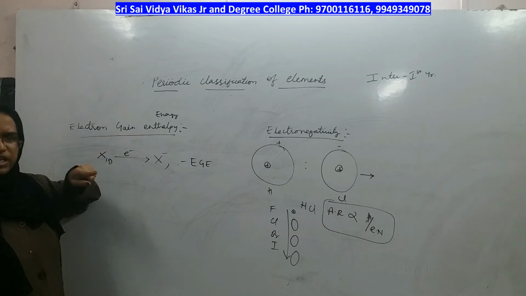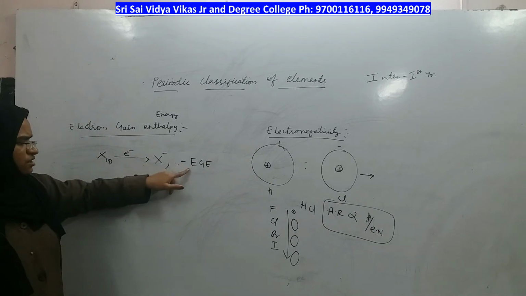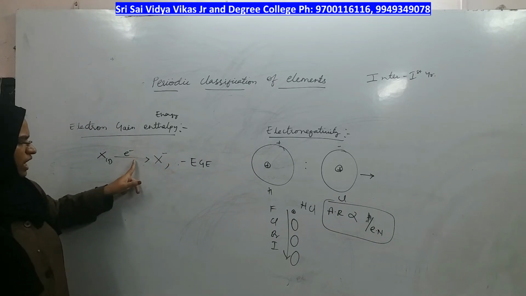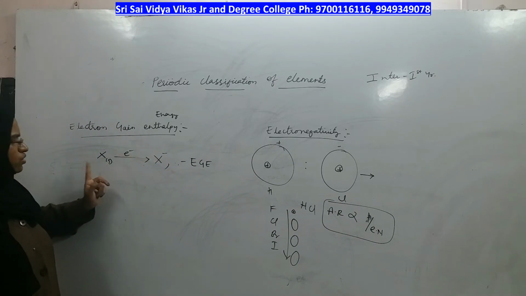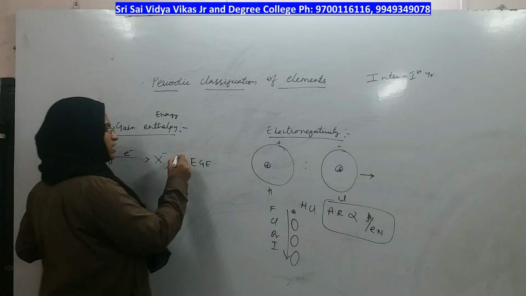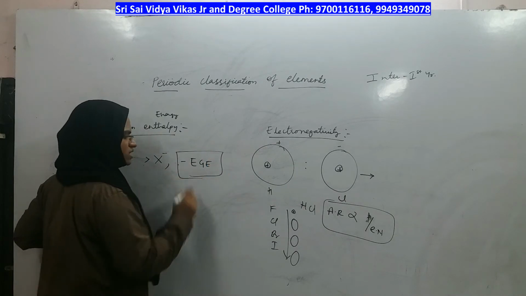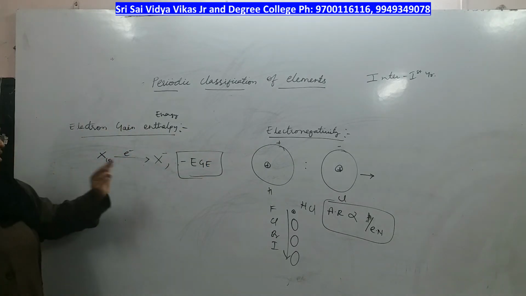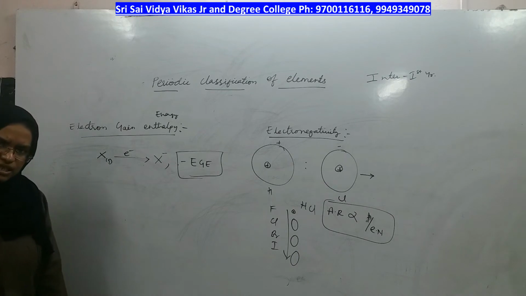So, now let us define electron gain enthalpy. The amount of energy released whenever you add an electron to a neutral gaseous atom is called electron gain enthalpy. The more negative the value, the more energy is released. The less negative the value, the less energy is released.